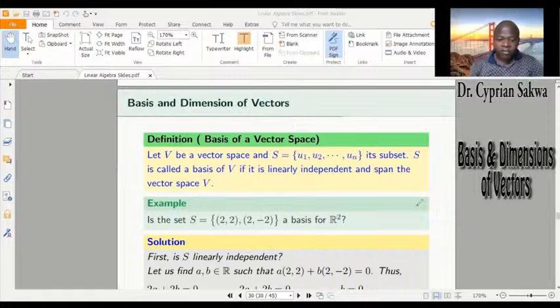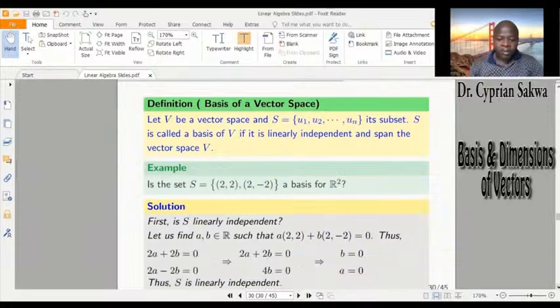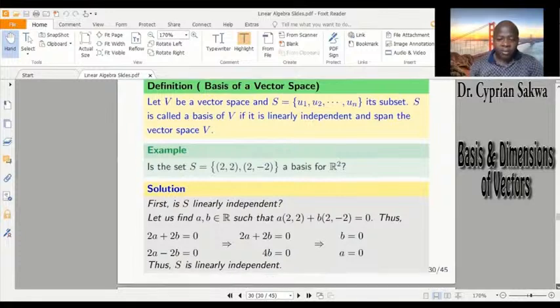So let's look at the first condition. We want to see whether these two vectors are linearly independent. And since there are two vectors, there are two ways of doing that. The first way, we determine whether one is a scalar multiple of the other. That is the easiest way to look at it.